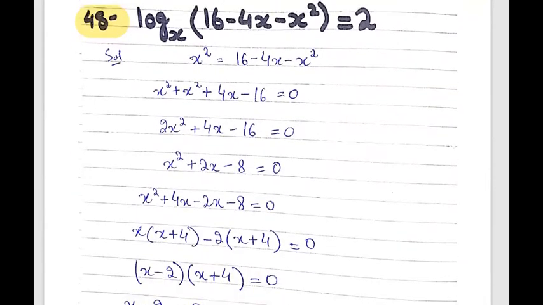Now the last question is convert this, find the value of x. So in order to calculate this value, we simply convert it into exponential form, which is x raised to power 2 is equal to this value.